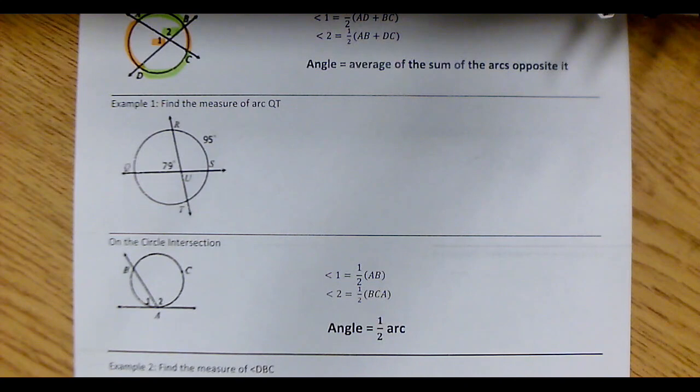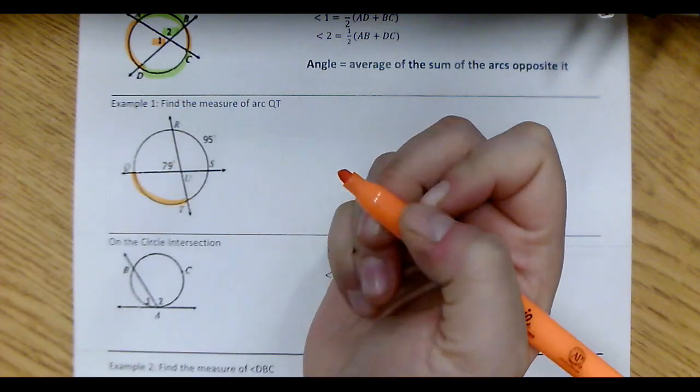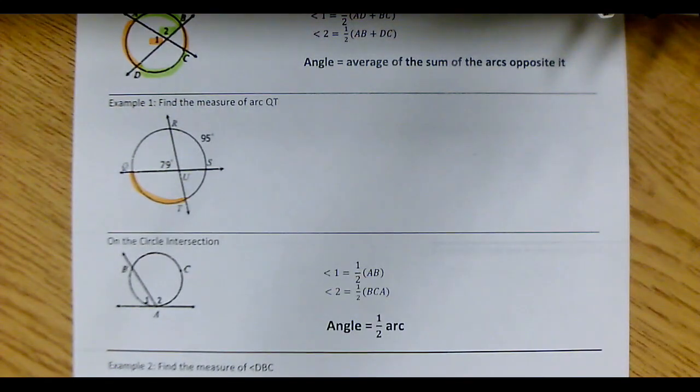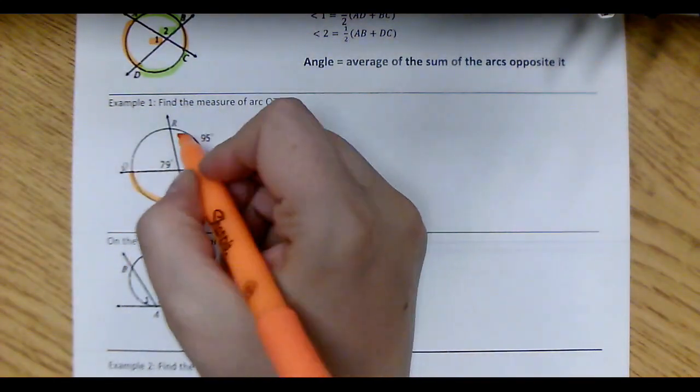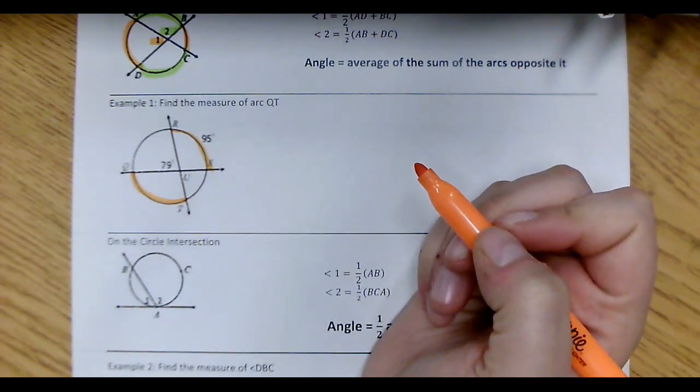So our first example, we want to find the measure of arc QT. So we're trying to find this arc right here. Well, if we're trying to find that arc, we're also going to need the arc that's opposite it, so RS.